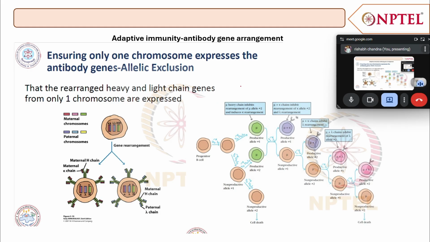So ensuring only one chromosome expresses the antibody genes is allelic exclusion. So the rearranged heavy and light chains from only one chromosome are expressed, out of the maternal or the paternal chromosome.